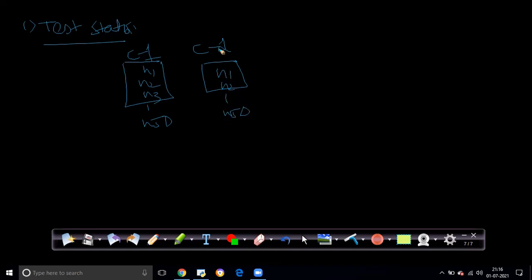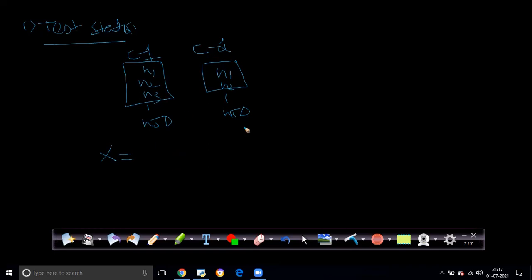Let's take a random variable x which is storing the values of the mean height difference between the students of class 1 and class 2. Compute the mean of classroom 1 height and compute the mean of classroom 2.